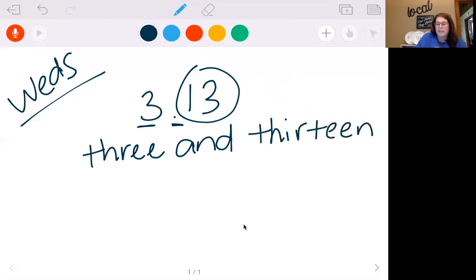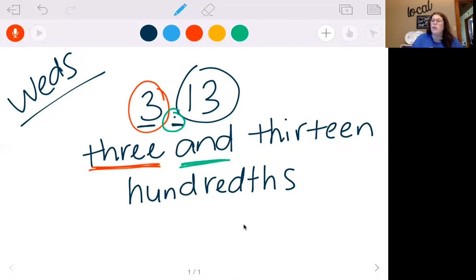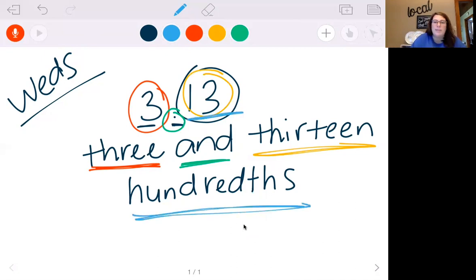It has two spaces, so we're going to call it hundredths. Okay, so all you do is take apart this number to make it into word form. This part right here is going to be my whole number. The decimal is the word "and," then 13, I just rewrite right here. And then for hundredths, I know it's hundredths because I have two decimal places after the decimal, okay?